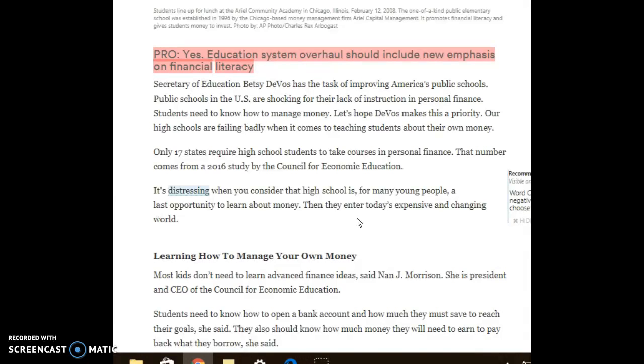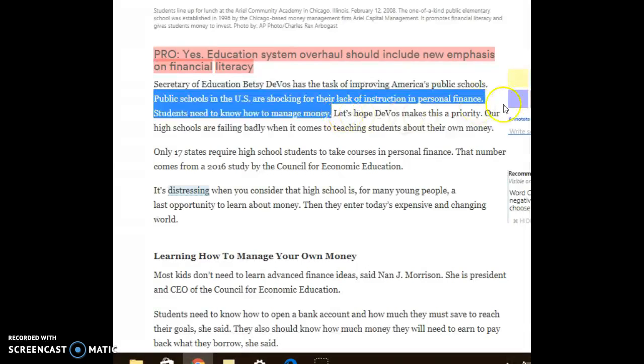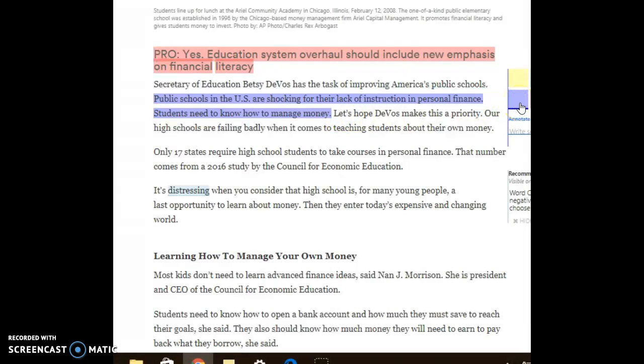So this author does a really good job of explaining the issue. She explains a lot of reasons why she thinks that, yes, these students should be taking a financial literacy class. She explains that public schools are shocking for their lack of instruction in this area, and that students need to know how to manage money. Those are some reasons that she brings up.